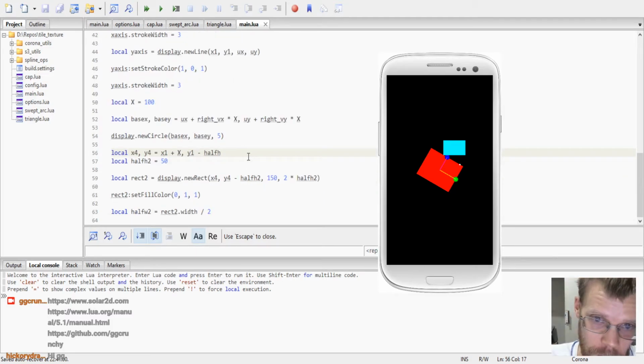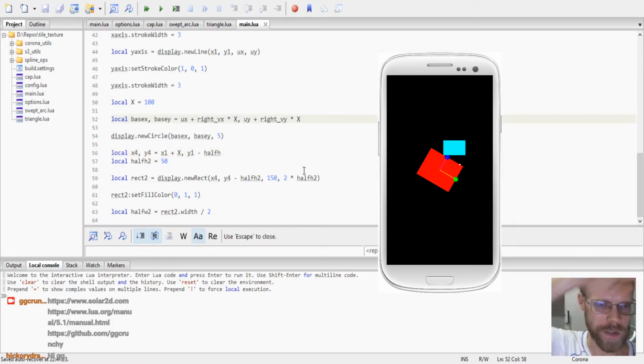So what we wanted to do was then put the rectangle on top of that, but using the local direction.